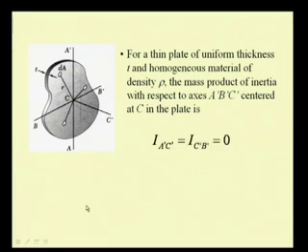So, let us write these two quantities, I A prime C prime and I C prime B prime. We will see that these quantities are 0. Why?